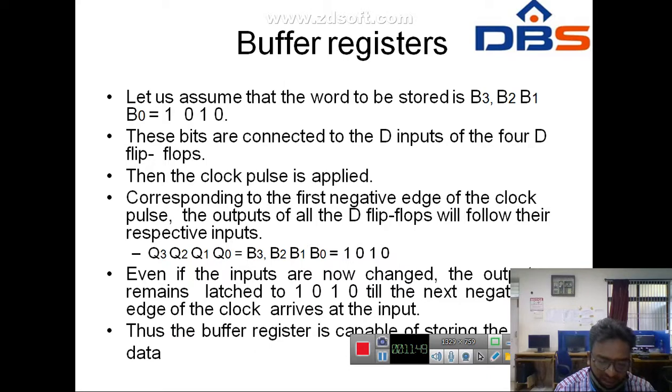The shifting capability of a register permits the movement of data from one stage to another, or into or out of the register, upon the application of clock pulses. Then we can name the register a shift register.